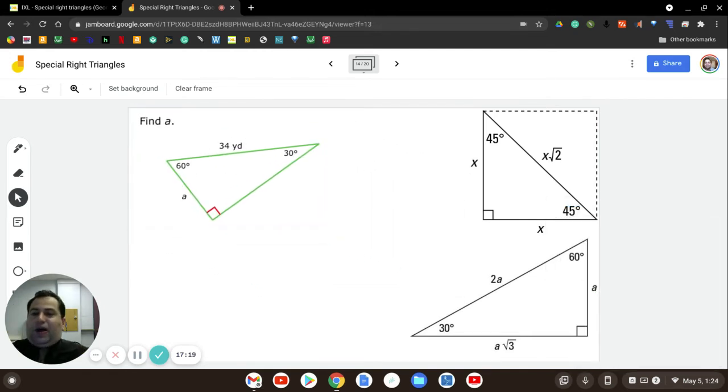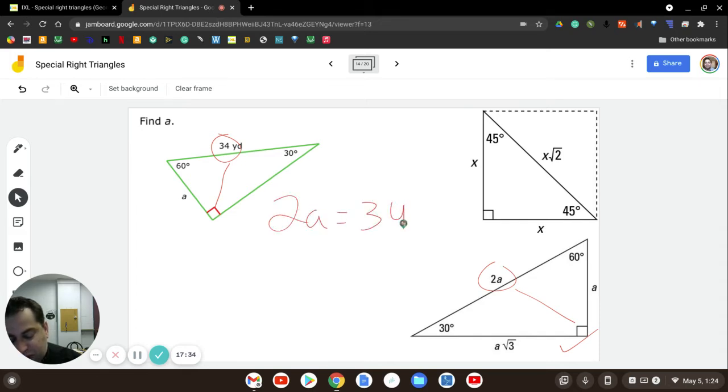In this next problem, I have a 30, 60, 90 triangle. And I know that opposite 90 degrees is 34. Opposite 90 degrees is 2a. So I know that 2a is going to be 34. Divide both sides by 2, and we can get a is equal to 17.